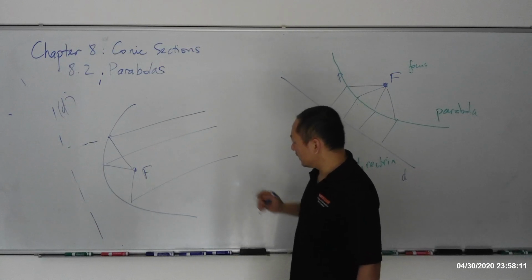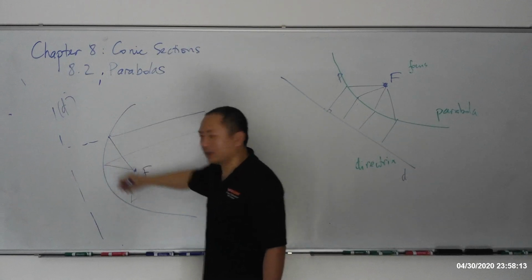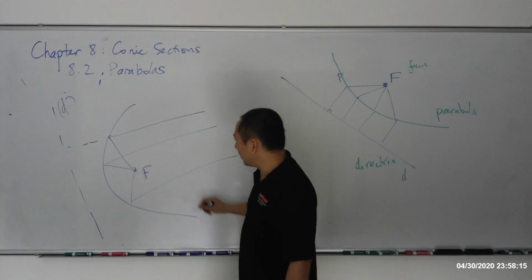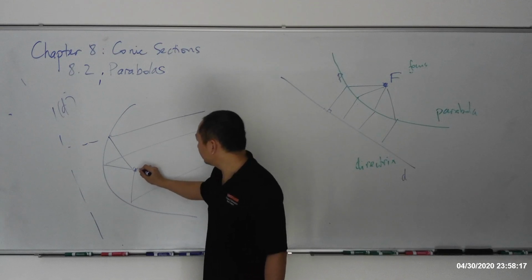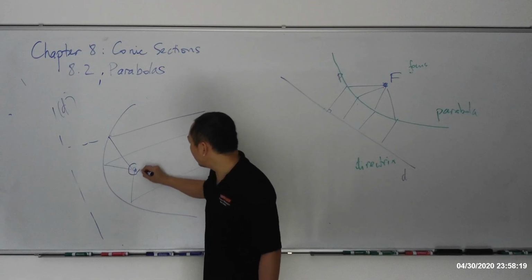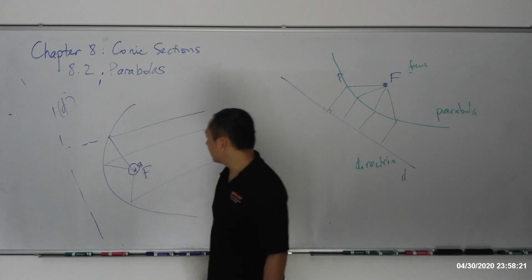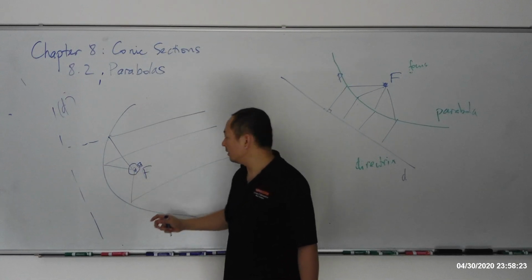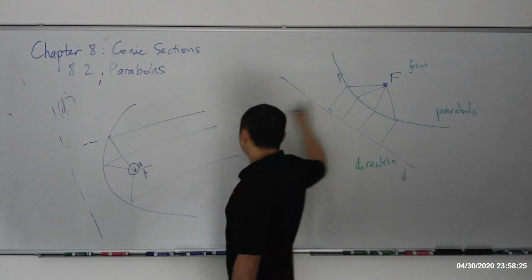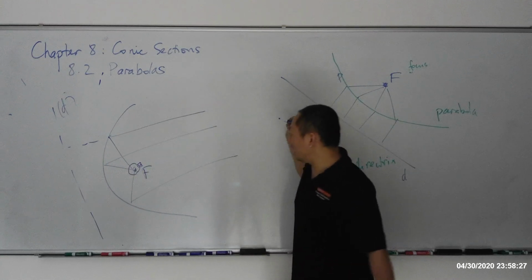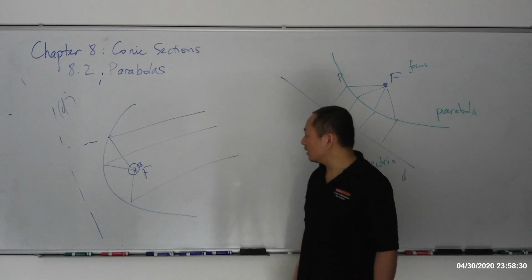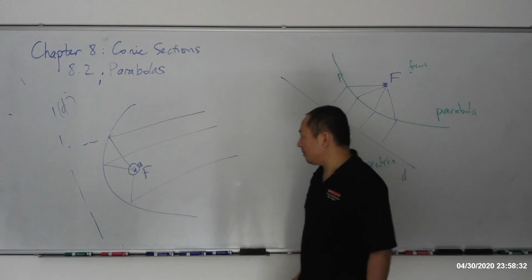What's the use of it? Think of the headlight of your car. If you put the light bulb right here, and you turn on the light, all the light comes out pointing forward. That's why you see things. Or say you're going to make fire.